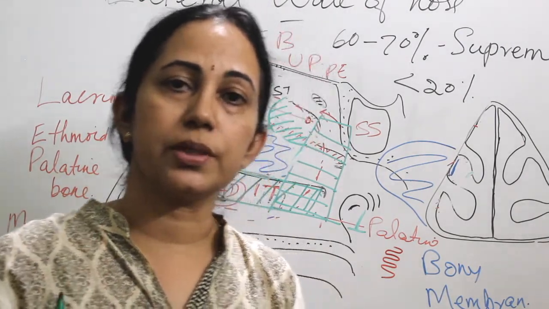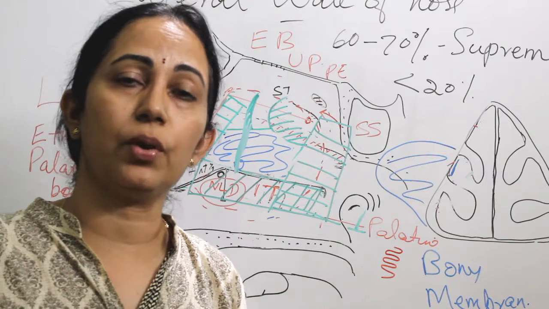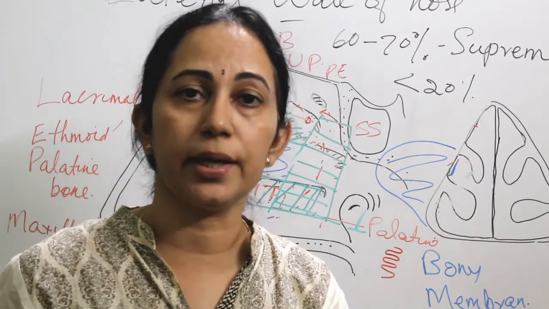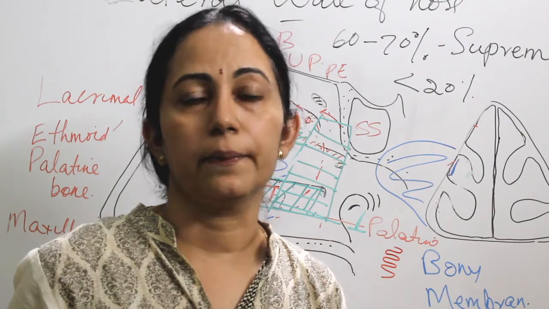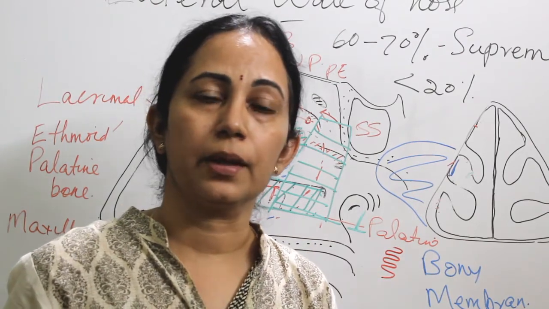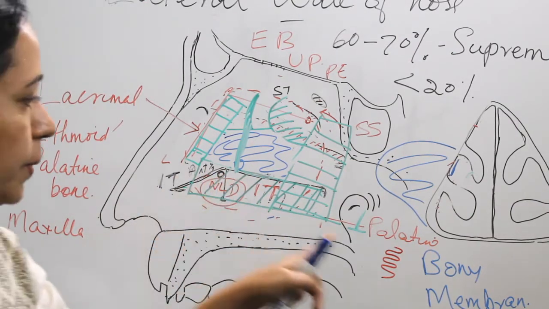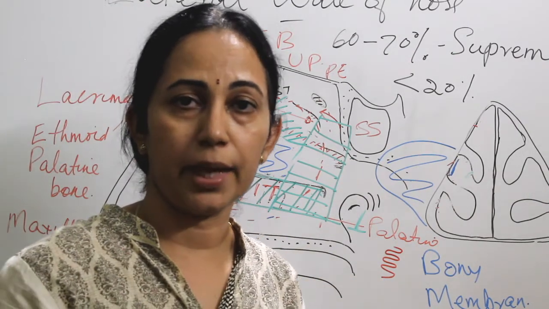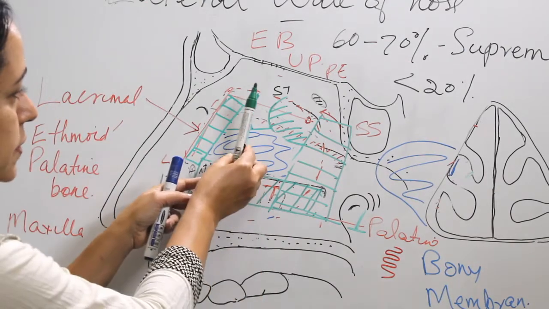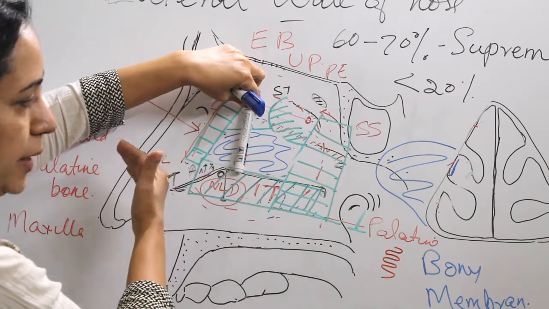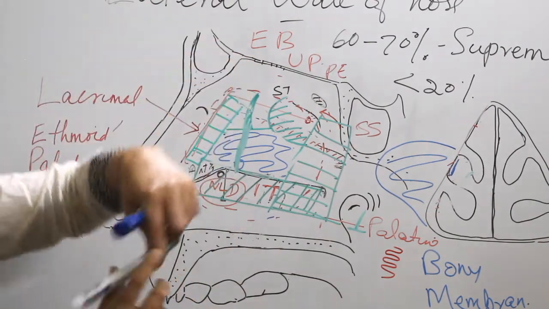The natural ostium, or the wide natural ostium of the maxillary bone, is reduced in life to a small area, or the small ostium, by these four bones and also by the membranous area. And in between the membranous area comes the uncinate process, which divides this membranous portion into an anterior part and a posterior part.